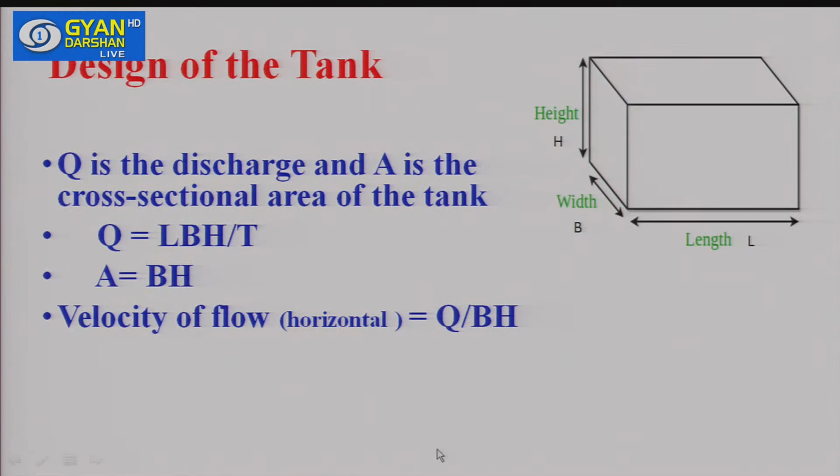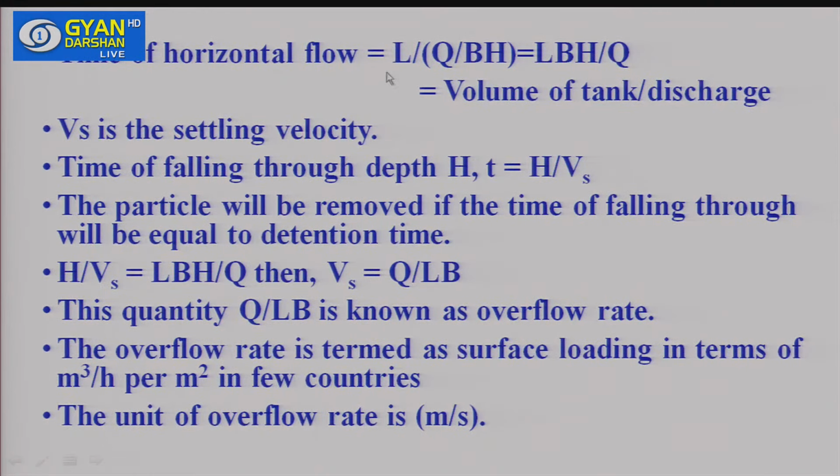So we can calculate the time of the horizontal flow, which comes out to be L into B into H upon Q. LBH, you know, is the volume of the tank. So time of the horizontal flow you can calculate as the volume of the tank divided by the discharge.